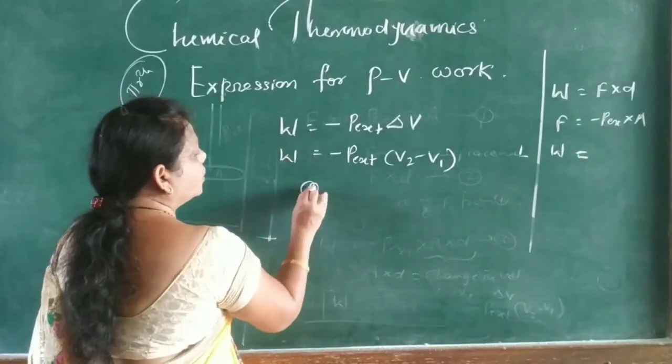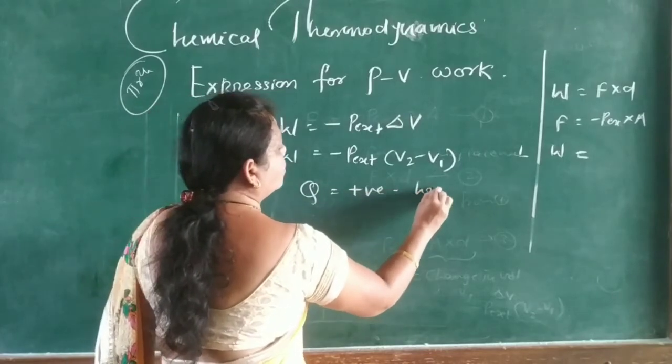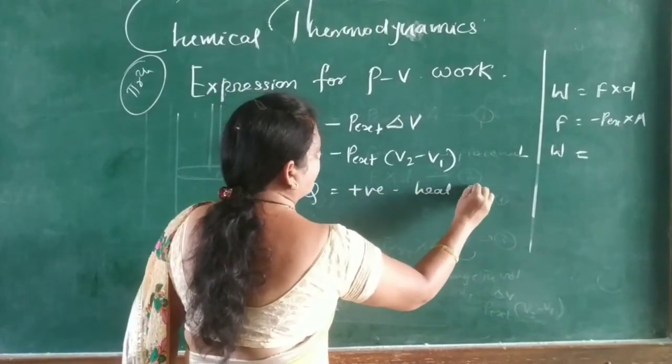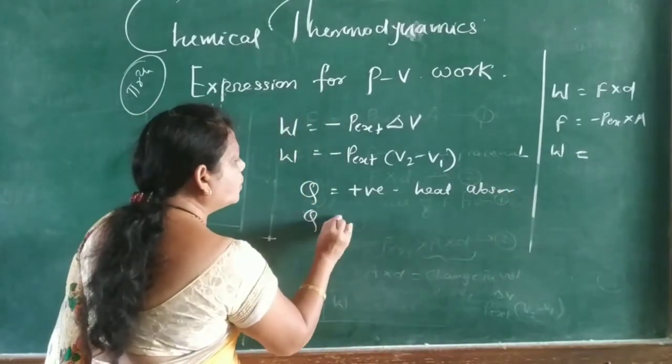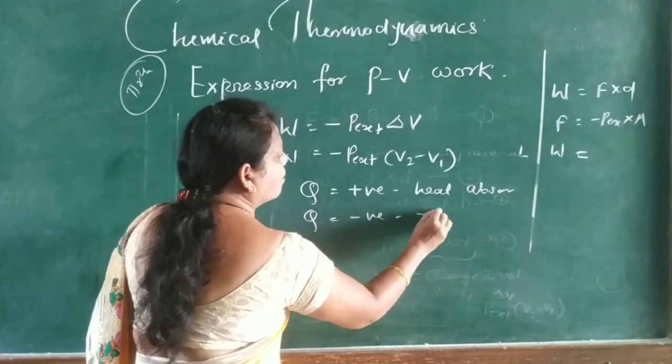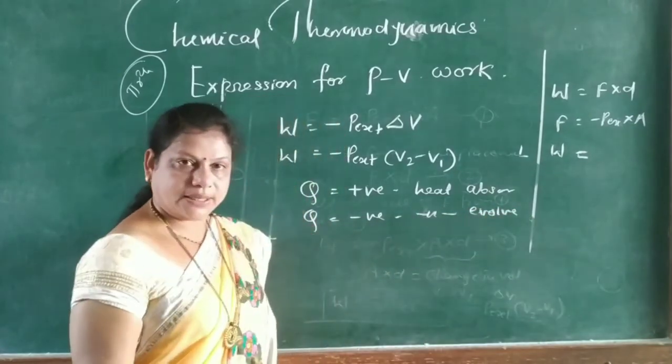If Q is positive, the amount of heat is absorbed by the system. If Q is negative, then the amount of heat is evolved from the system.